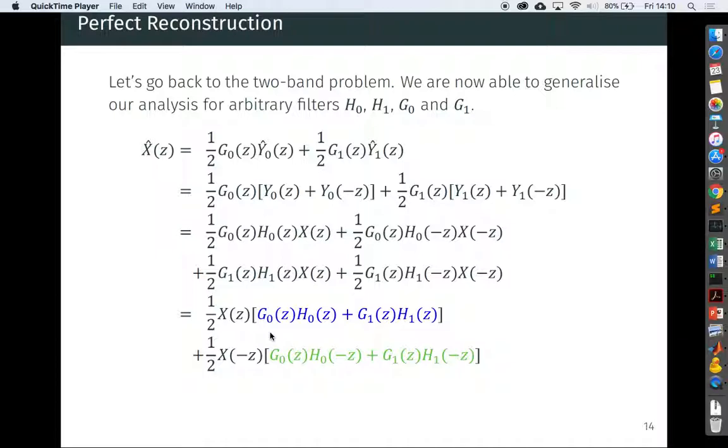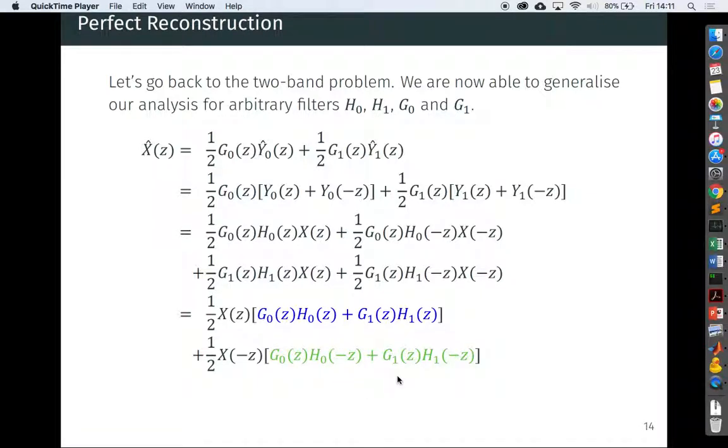And as you can see, there are two terms that are interesting. You have a term in x of z, and you have a term x of minus z. This term in x of minus z, that's the aliasing part of the signal. Okay, so we know that this is the replication of your input. So for perfect reconstruction, we want that factor here to be 0.